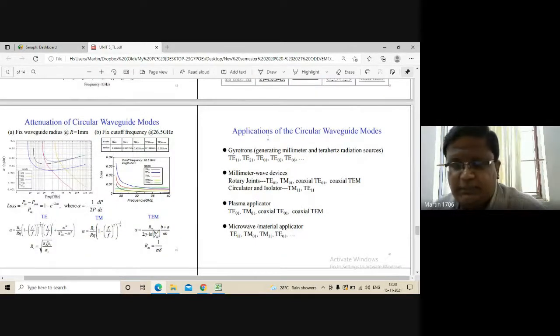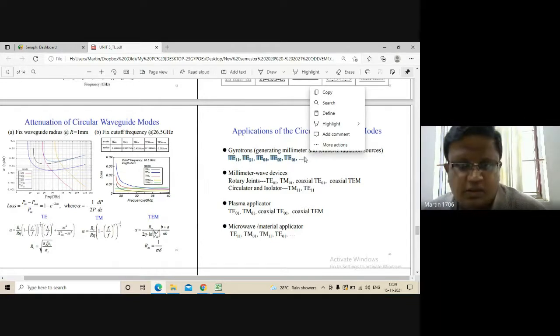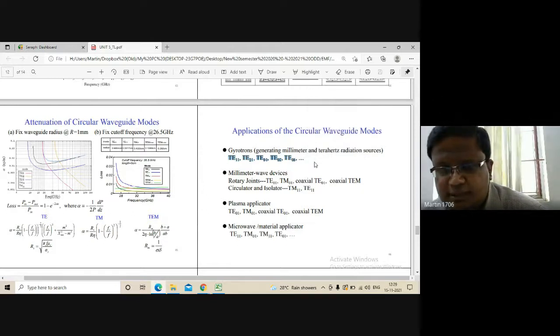Now come to the applications of circular waveguide modes. You can see the gyrotron, which generates millimeter and terahertz radiation. In this case, these modes can be applicable.